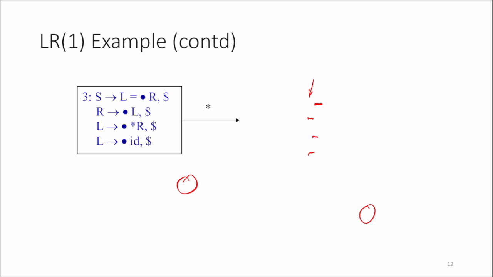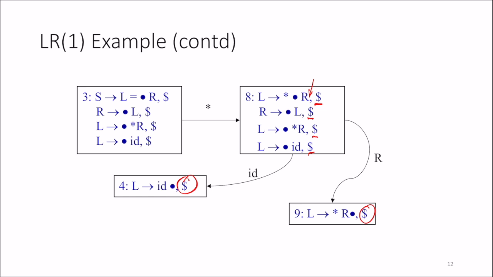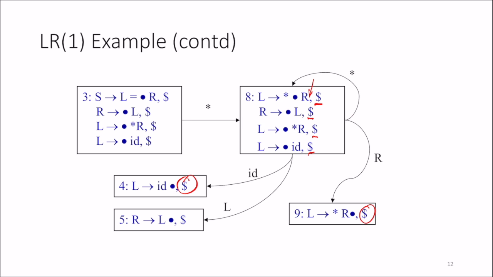It's exactly the same. So let's go back to where we were. Now I see an L. I reduce R goes to L, and this is also a state I've seen before. So if the state has the same dotted rule and the same look ahead, you're not going to create a whole new state. It's the same state as the one you saw before.